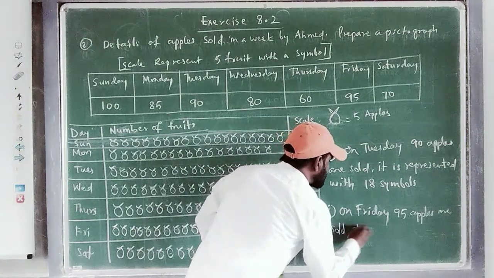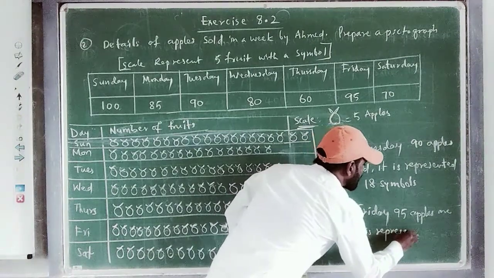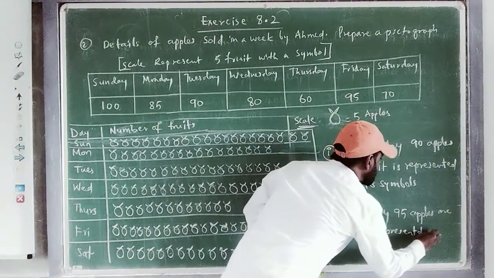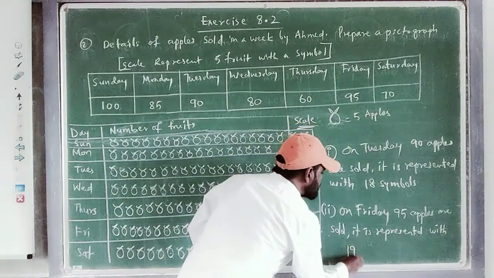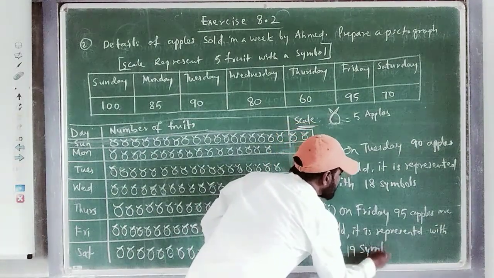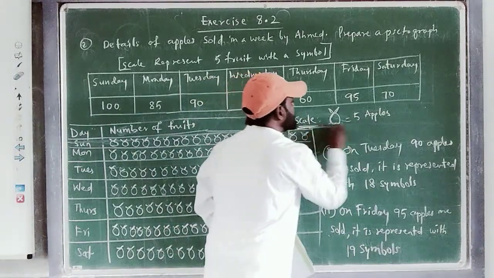So it is represented with 19 symbols. So each symbol is equal to 5 apples. That is the scale.